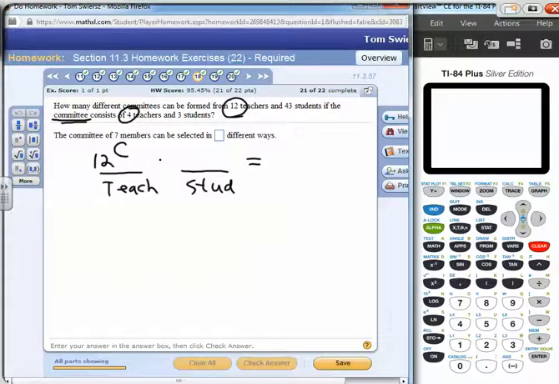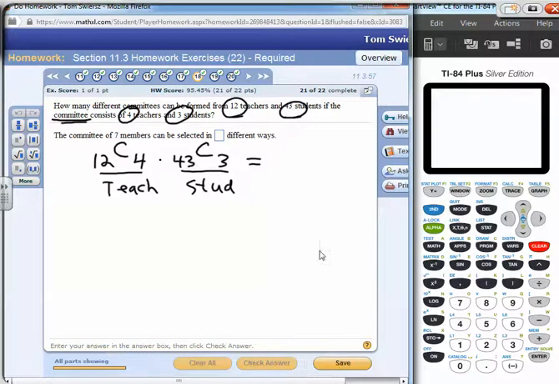For teachers, total 12, selecting 4, so 12C4. For students, same idea, different numbers, 43, selecting 3 students. Same committee, order doesn't matter, so 43C3. We're going to evaluate each of these using the calculator, and then multiply the two together to get the number of ways of getting committees of 7 members, with 4 teachers and 3 students.